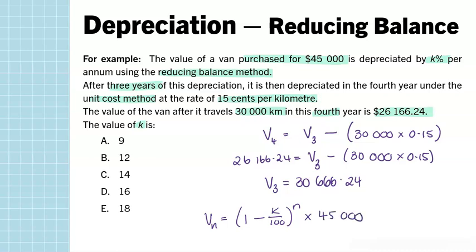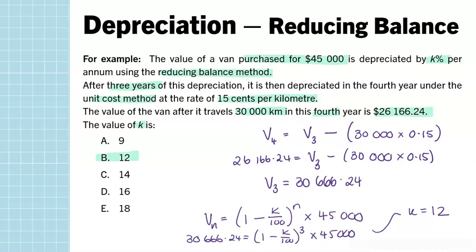The things I do know is that the value after 3 years was $30,666.24, and therefore n was 3. So when we put that together, 30,666.24 equals 1 minus k over 100, all to the power of 3, times 45,000. I'm now able to solve for k. And when I do that on my calculator, I get k equals 12. So that gives me the answer B.